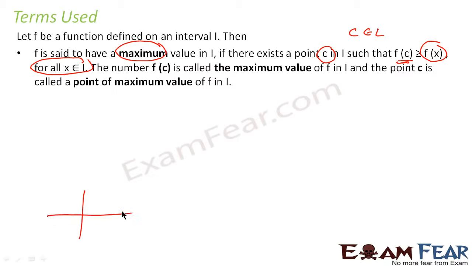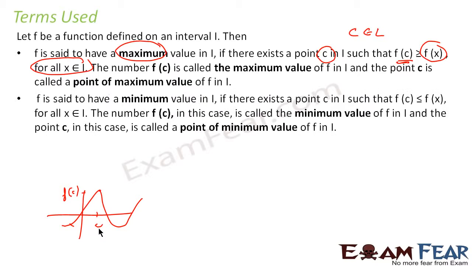For example, this is my graph. If you see, this guy is called C and this guy is called f(c). So this guy is the maximum value. You take any point in this graph f(x), this guy, this guy, this guy, f(c) has to be greater than any of these points. So f(c) is called maximum value and C is called point of maximum value.